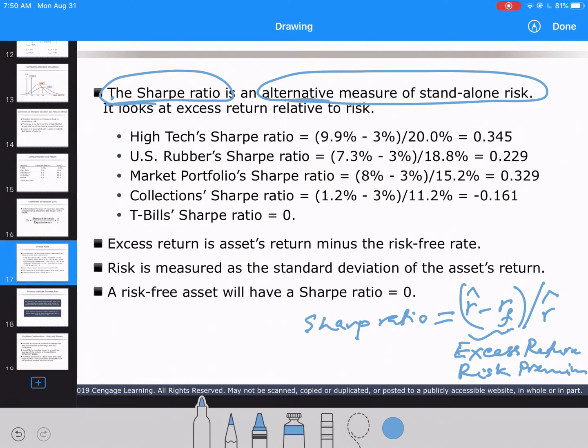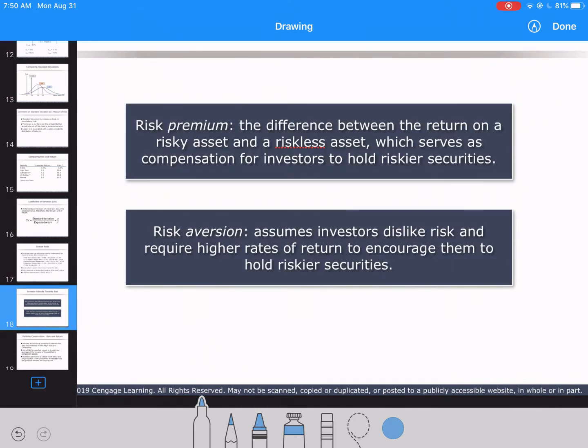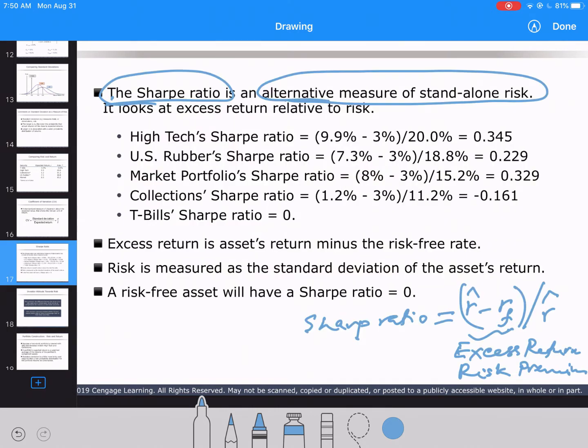So we say that investors may not just demand excess return, they may demand more than excess return. But usually we consider the risk aversion of an investor as an average risk aversion. Therefore, we treat excess return as risk premium most of the time.